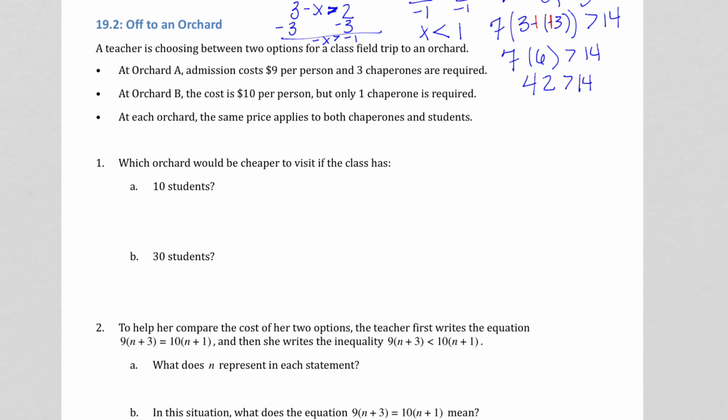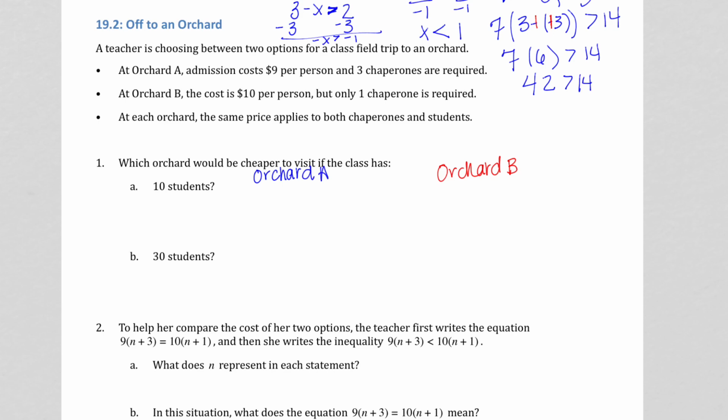So, on the left, I'm going to do Orchard A. And on the right, I'm going to do Orchard B. Okay? So at Orchard A, it's $9 per person, and there are 3 chaperones.